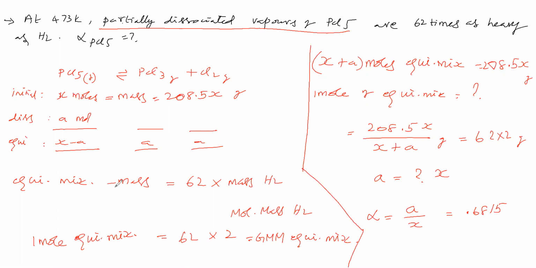Therefore, the equilibrium mixture has a mass 62 times as heavy as the mass of hydrogen. Mass of hydrogen, I will take as the mass of 1 mole of hydrogen, that means I am substituting the molecular mass of hydrogen. If in the place of the mass of hydrogen you take 1 mole, then for the equilibrium mixture also we have to take 1 mole, isn't it?